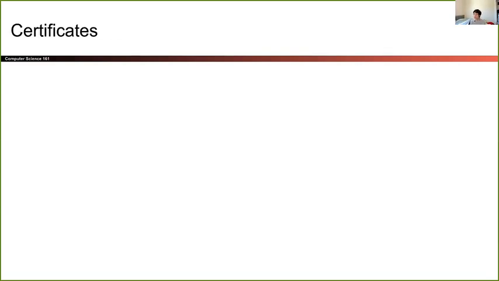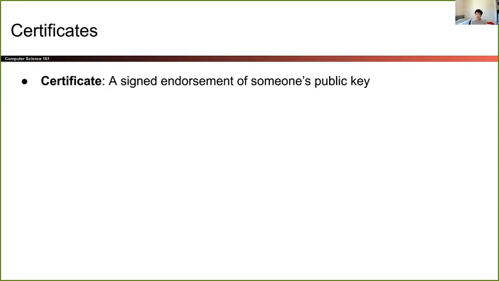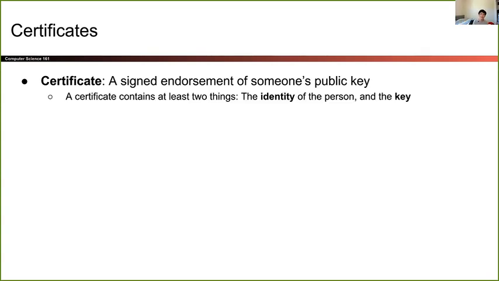Instead, what we're going to rely upon is something called a certificate. A certificate is a signed endorsement. An endorsement basically says, this is Perrin's public key. And that statement as a whole is signed by someone else's private key. This has to contain two parts.